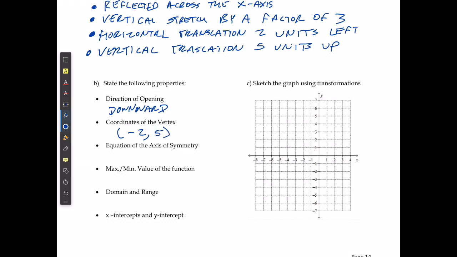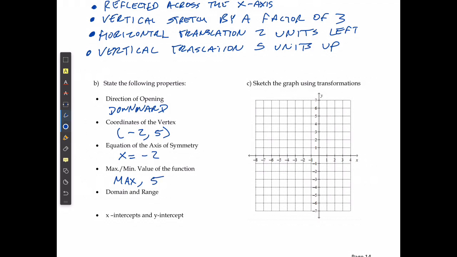The equation of the axis of symmetry is going to be x is equal to the p value, -2. For the min-max value, because it opens down, it's going to have a maximum, and it's a maximum of my q value, a maximum of 5.